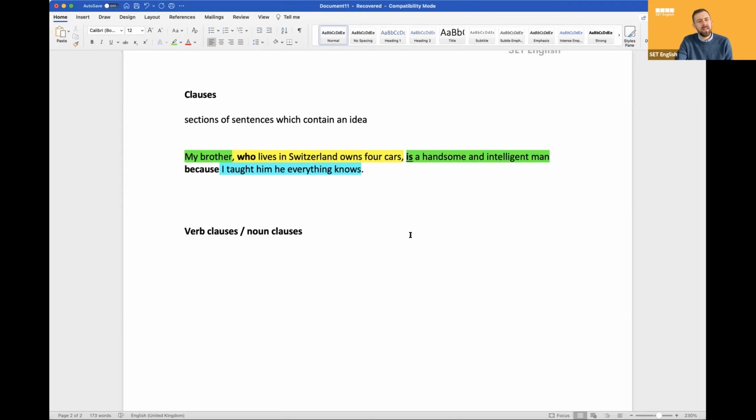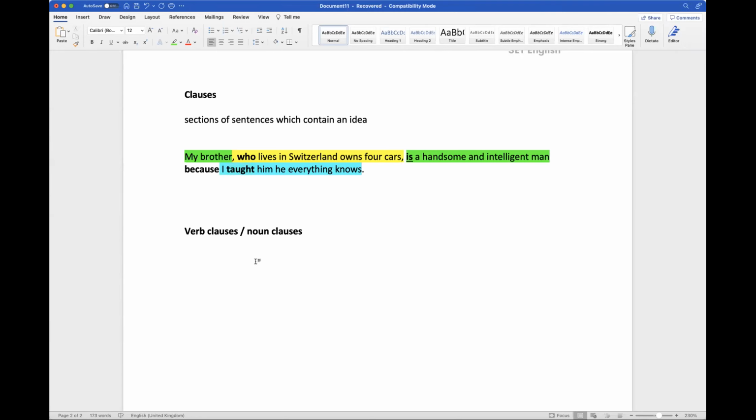What's the verb in the blue clause? Taught. Remember the pronunciation: taught, like true or false, or my name, Paul. So taught, in the past. Okay.